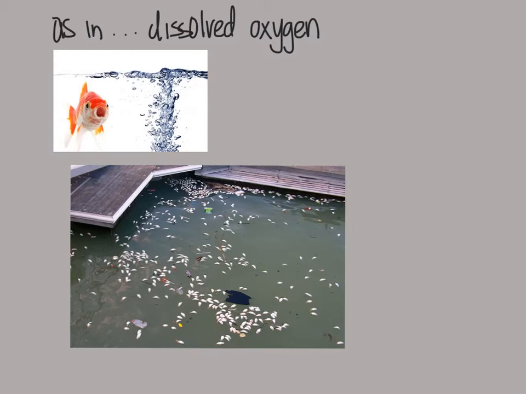So what happens in bodies of water is when they get really warm, the amount of oxygen that they will hold goes way down, and you will sometimes see large amounts of fish dying, like in this image here. The picture that I took here is from the Inner Harbor in Baltimore, and at this particular time there was either an issue with the temperature of the water or the amount of algae in the water that was causing the amount of oxygen available to the fish to be reduced, causing them to die.